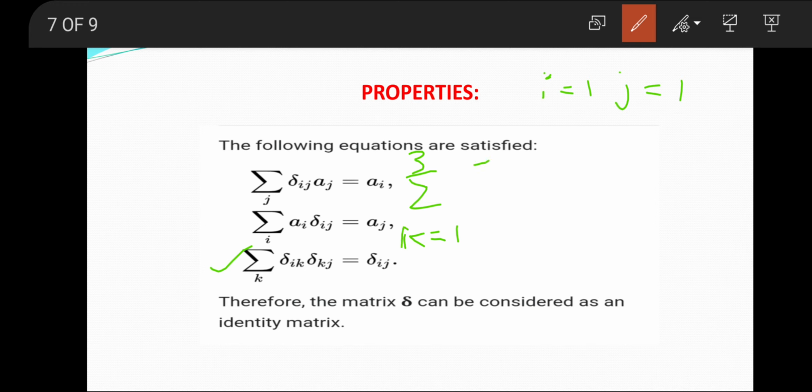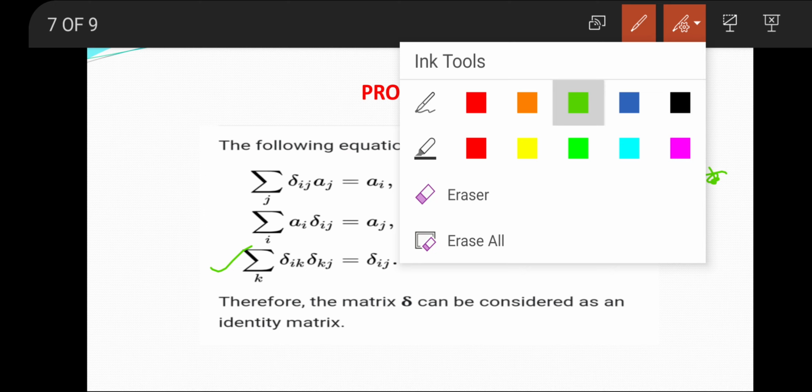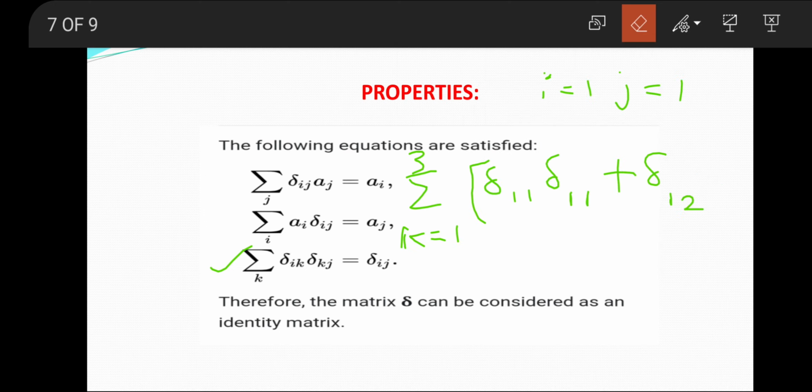So this can be represented as delta 1 1 delta k value is also 1, j value 1, plus delta I value constant 1, k value changing 2, plus delta ij constant 1 1 plus delta 1 3 to delta 1 1.